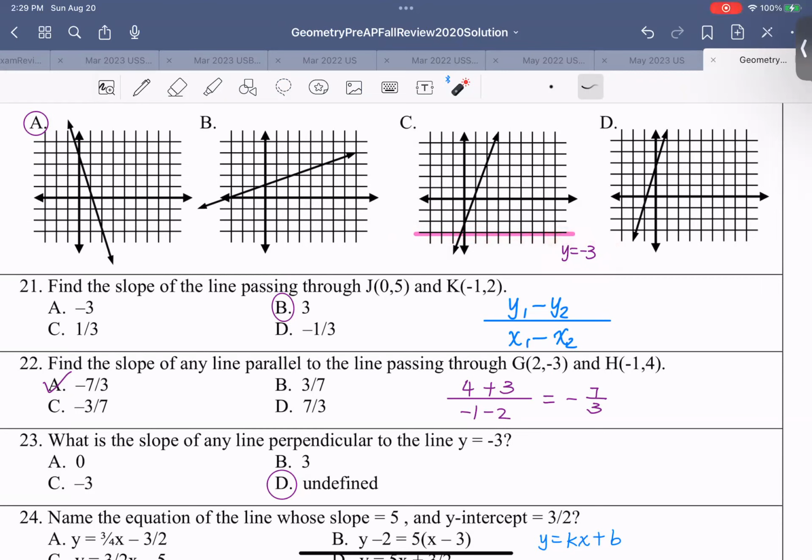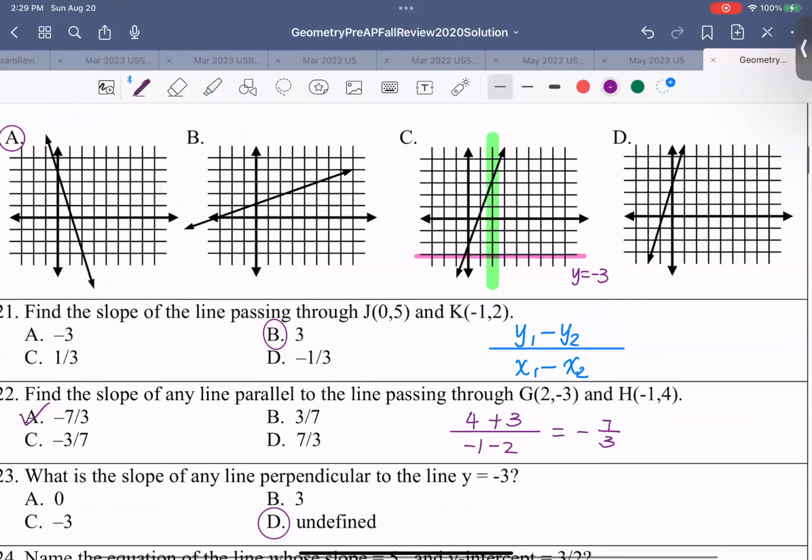Make sense? Good. If I draw over here, this line, what do you think is the correct equation for this green line? Who is this green line's equation? x equals 2.